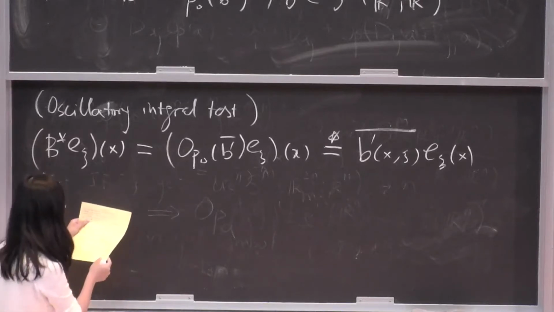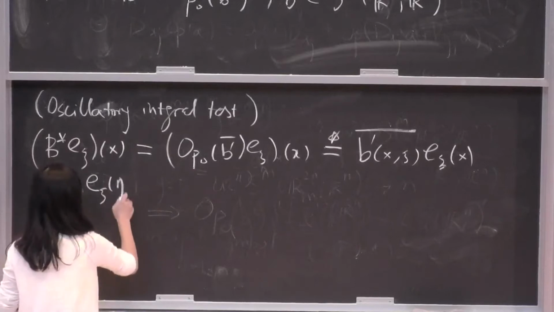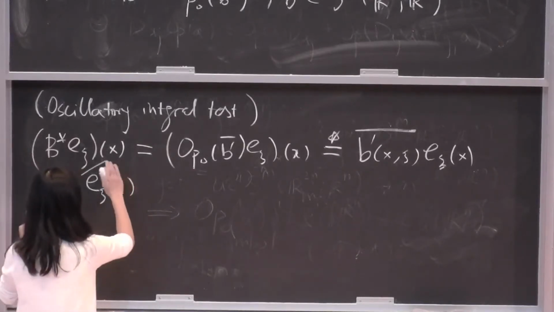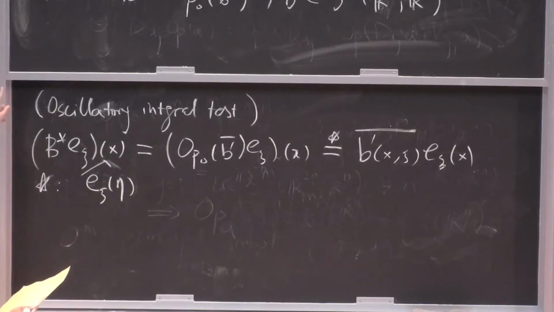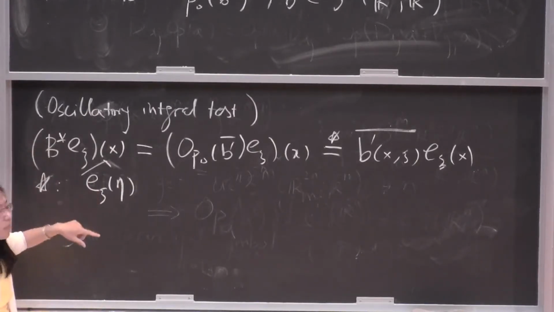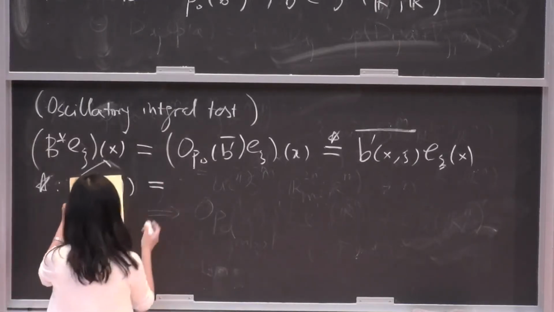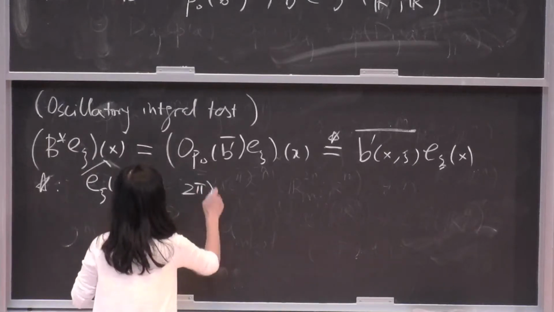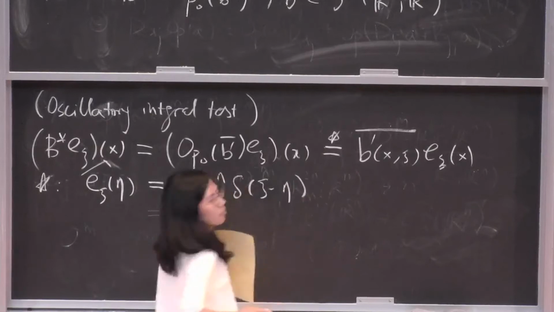What's happening here is that for this function E_ξ that I defined above, if I take the Fourier transform in the tempered distribution sense, and because ξ is already used as a parameter I'm going to use η as my variable, this is really just equal to (2π)^n times the delta function of ξ minus η.